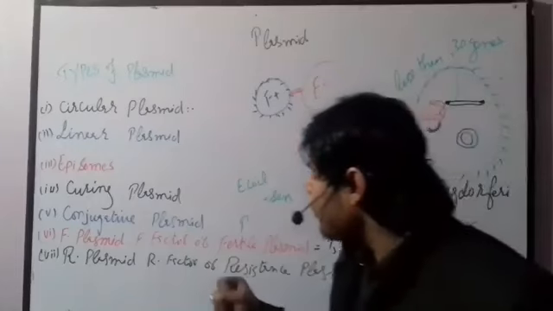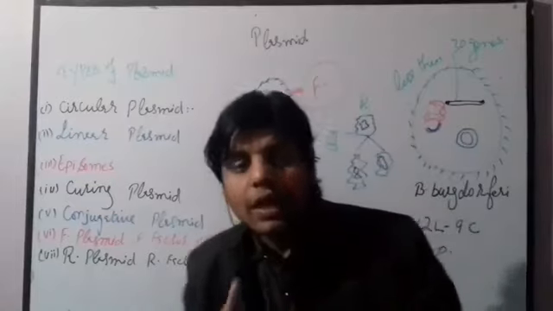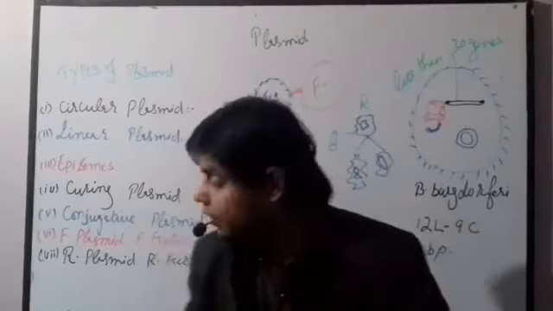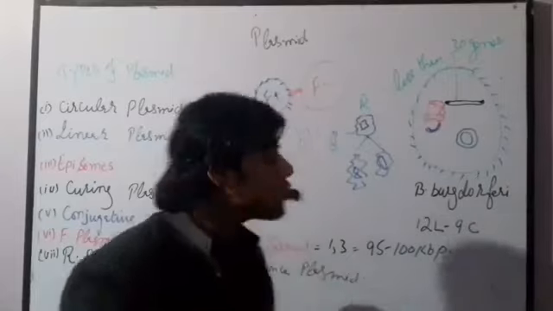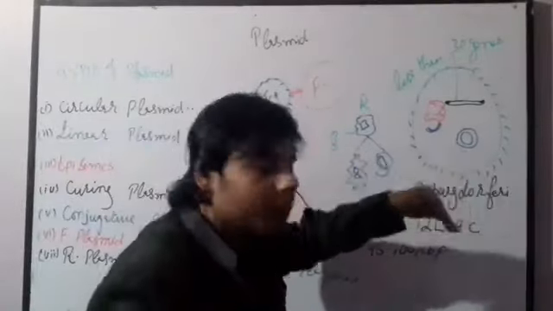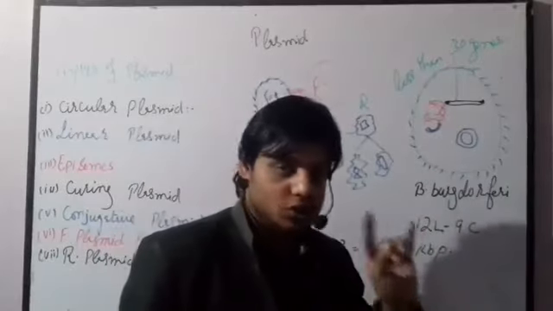Now resistance plasmid actually has a single gene, but in some cases, in some bacteria, they have more than 8 genes. Moreover, this plasmid is not integrated with the bacterial chromosome. As we talked about in episomes, the plasmid will be integrated, but in this case, this resistance plasmid will not be integrated. Okay, so this is very important.